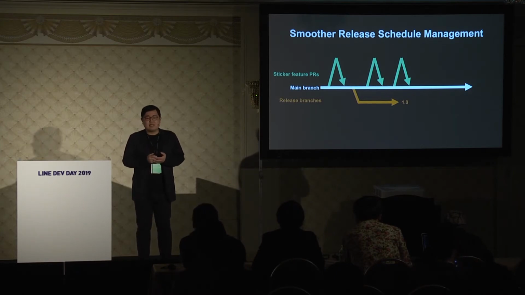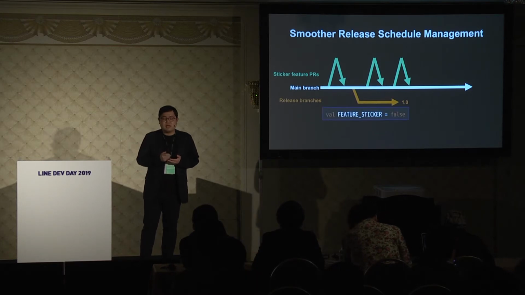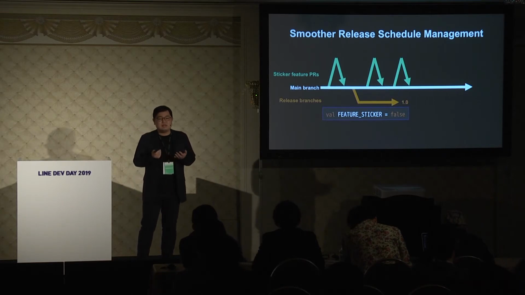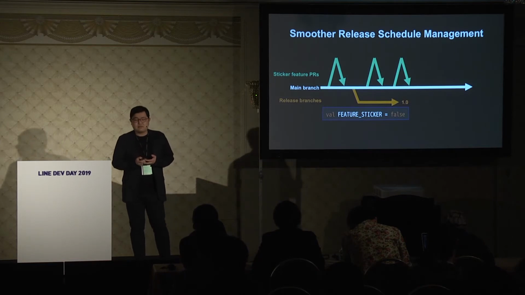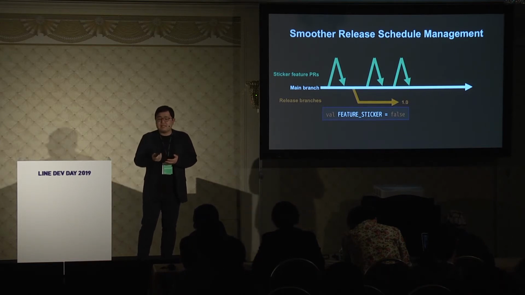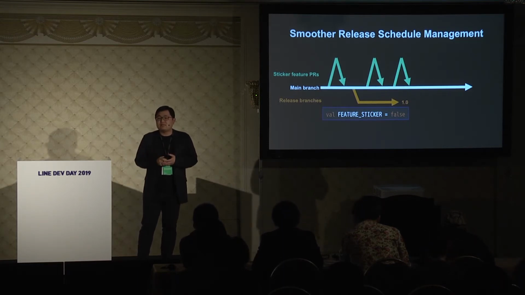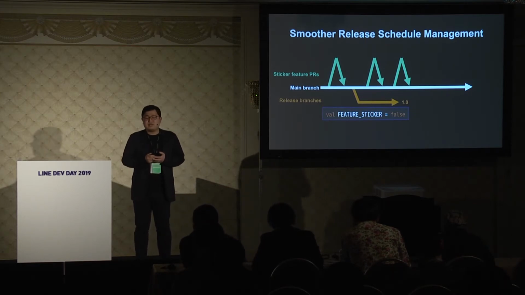Using the feature flag for the development, the flag on the remote repository should be false like this, and then the developer would make it true when he builds it. By doing that, even though the release branch is created, this feature will not be executed on the release branch at all.